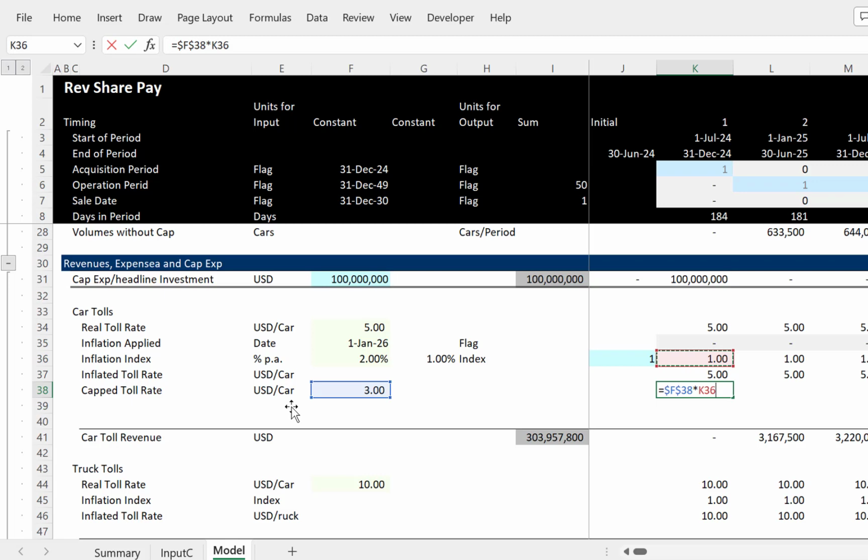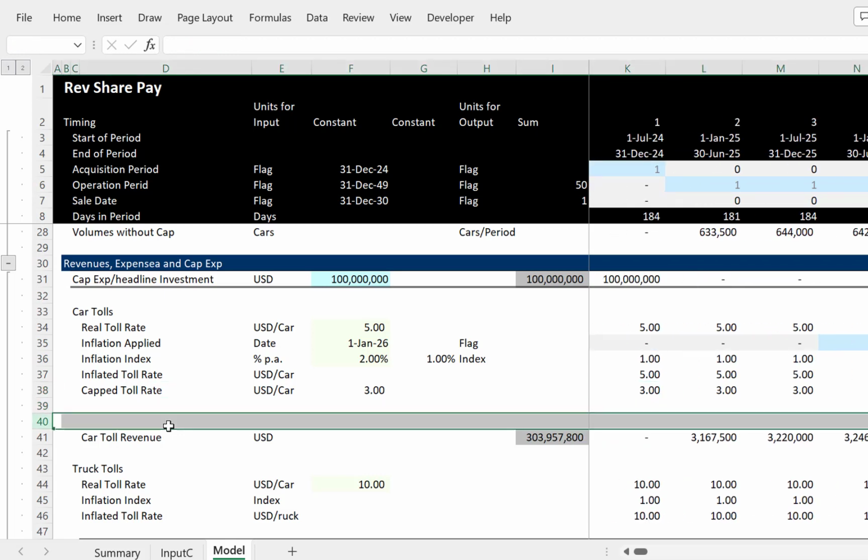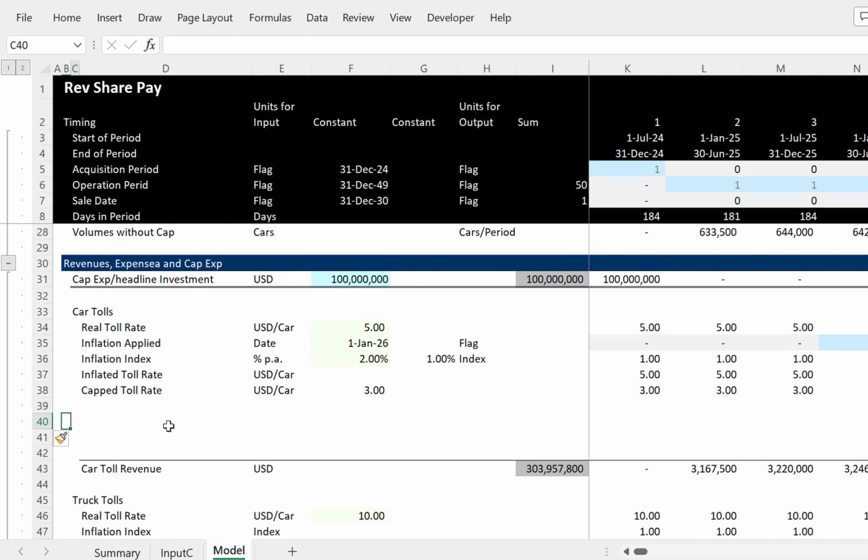And we're multiplying it by our inflation index, so it goes up. And then with this, I think it would have been much better to put volumes. Why can't I spell that? Why does it always put an extra n? Volumes without cap, and we just did that.